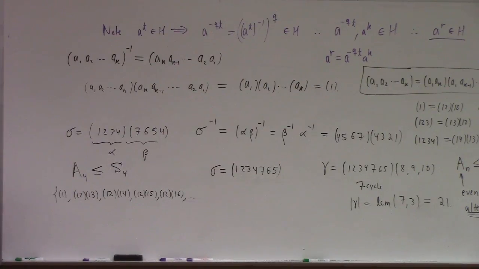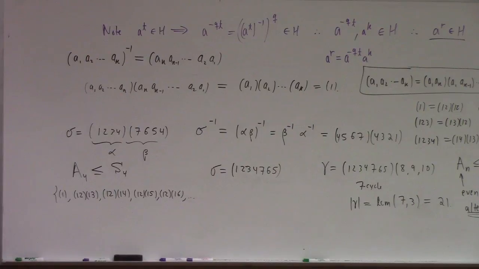Gallian mentions at the end of the section that the number of things in the alternating group is half, so there's n factorial over 2 alternating ones. So there's going to be 12 things in this list. I could keep going and figure them all out, but you can either have a product of 2 transpositions or a product of 4 transpositions, I suppose.